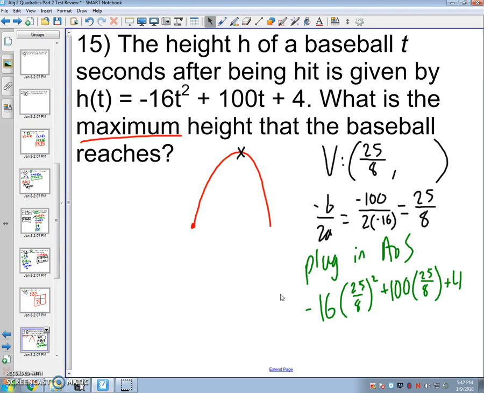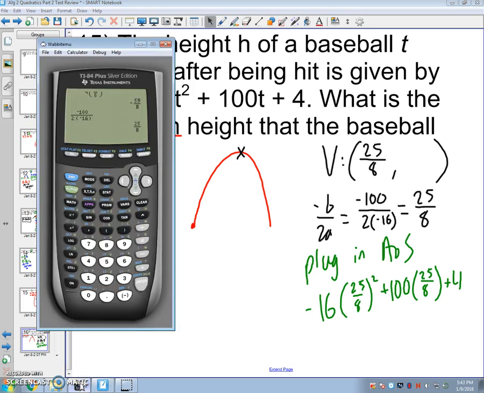All right, all numbers, that means plug in the calculator. So -16, parentheses, 25 over 8, close parentheses, don't forget the square power, plus 100 times that same fraction, 25 over 8, and the side is a plus 4.